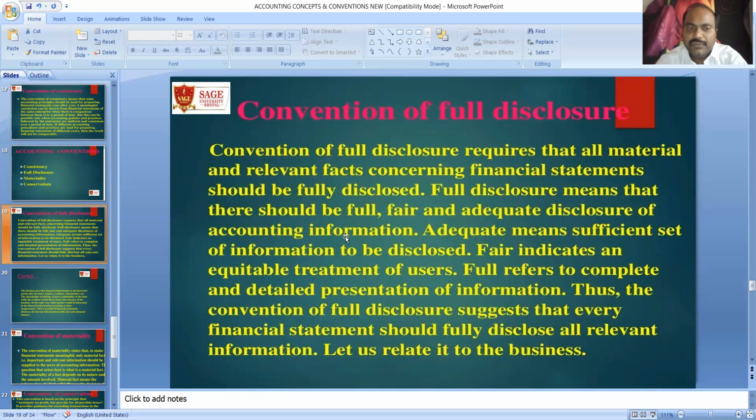And the second one is the convention of full disclosure. The convention of full disclosure requires that all material and relevant facts concerning financial statements should be fully disclosed. Full disclosure means that there should be full, fair, and adequate disclosure of accounting information.